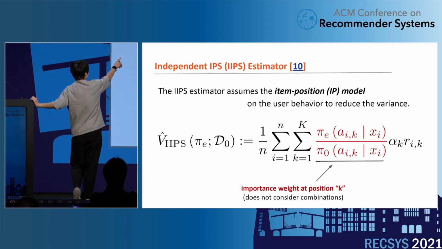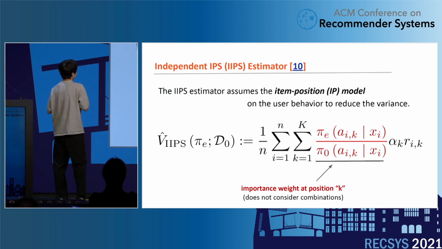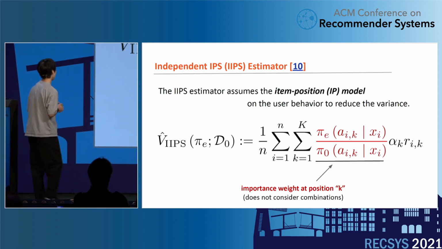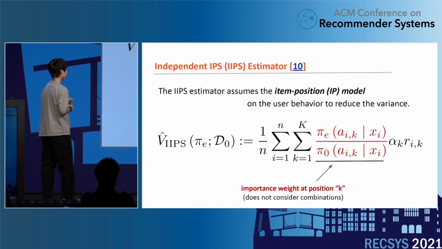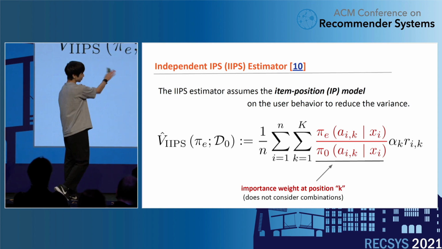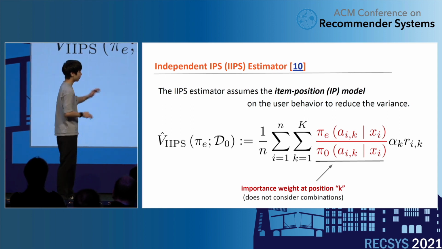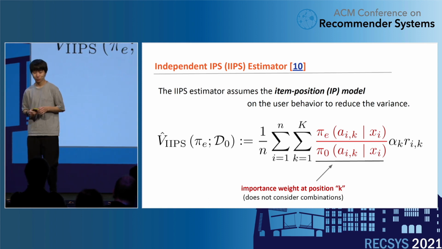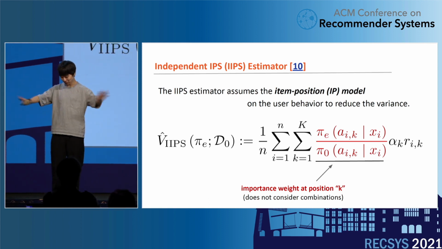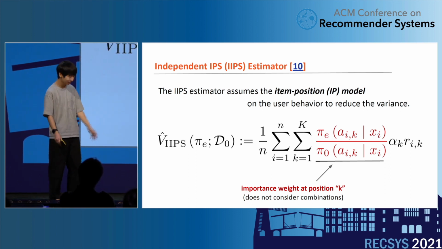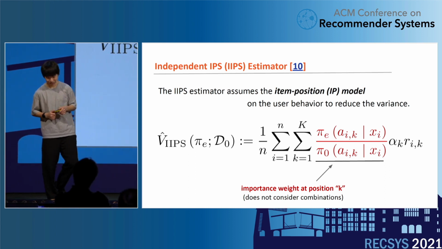And this is, again, based on the item position model. And here's the definition. We see some notable difference from the vanilla IPS. I think one notable difference here is that the importance weight is now just on the action variable, each different action. We don't see the action vector anymore here, meaning that we now can ignore all the possible combinatorial effects in the list recommendation thanks to the independence assumption, right?